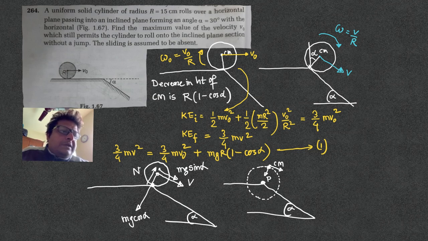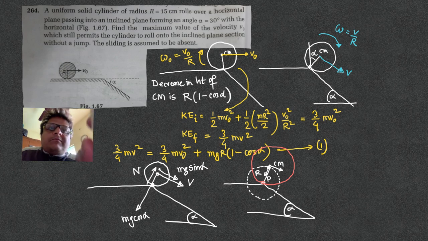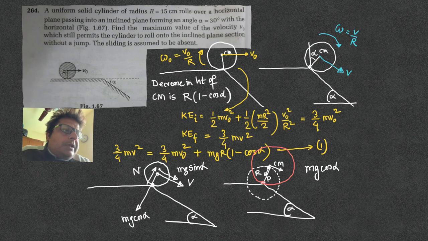So the center of mass, I mean this is R, right? So the whole disk will be, if I draw the whole disk, it will be this one. Okay. Now देखो इधर, so mg cos alpha minus N होगा, but that N is equal to 0.